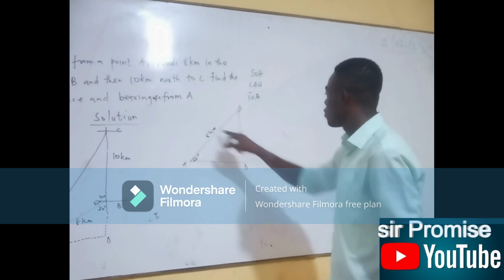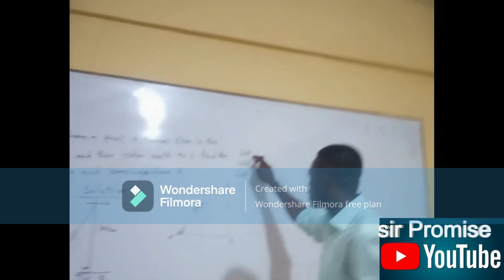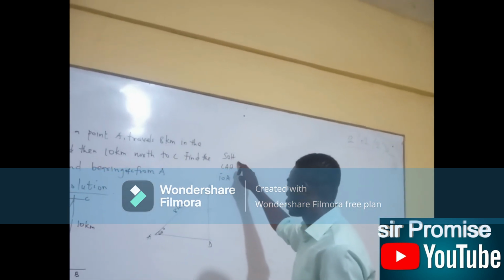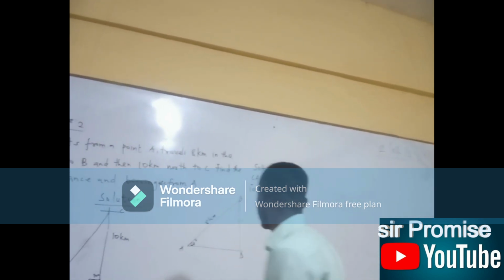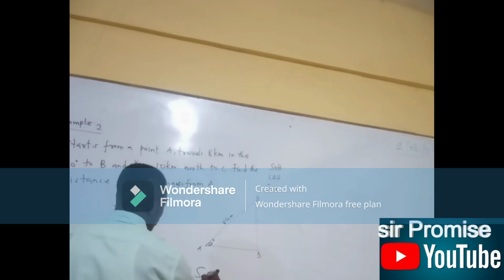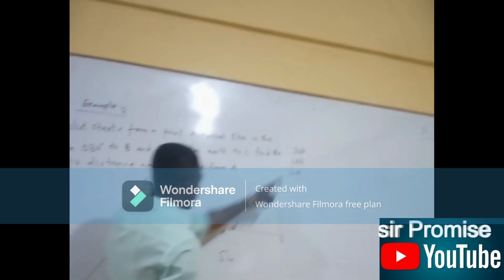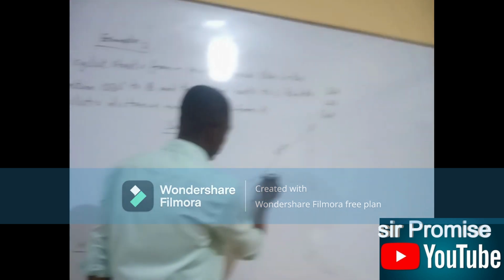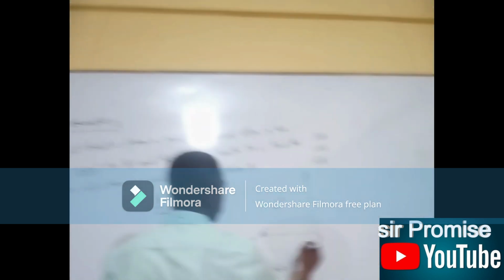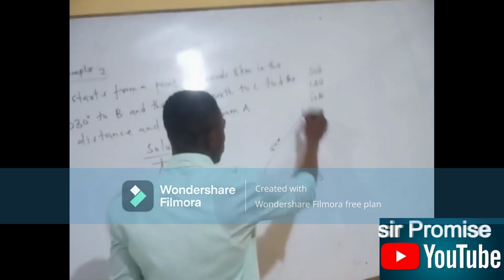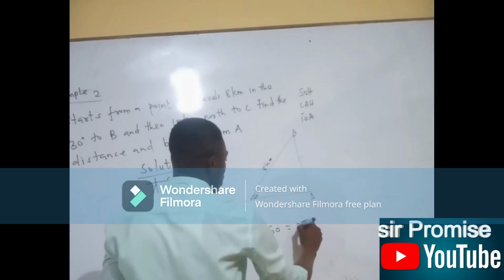The opposite over hypotenuse is the sine. So we are going to use the sine. So sine 60 is equal to the opposite. What is the opposite? The opposite is BD.